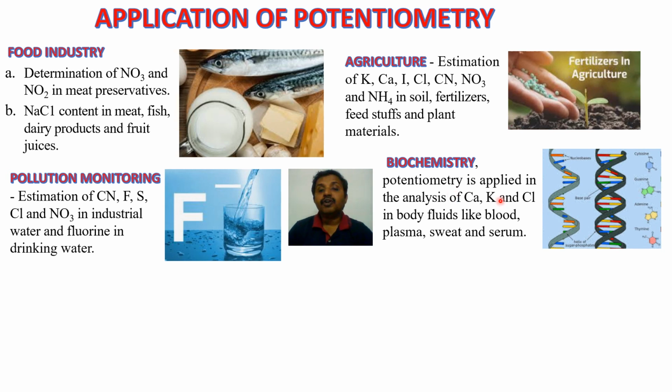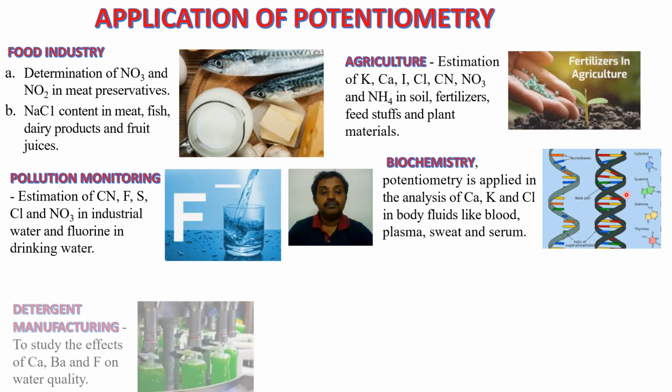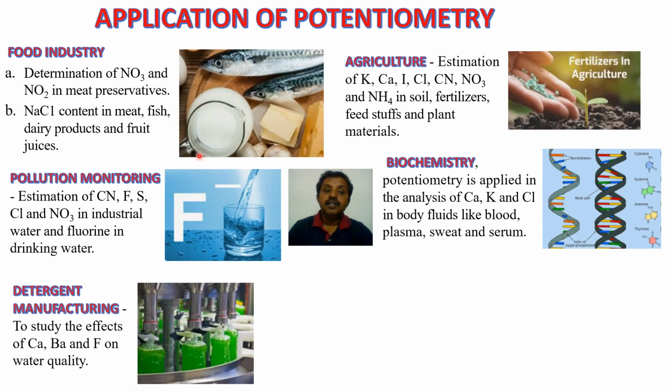In biochemistry also the potentiometry method is widely used, in order to analyze calcium, potassium, and chloride in body fluids like blood, plasma, sweat, and serum. One application is in detergent manufacture, to study the effects of calcium, barium, and fluorine on water quality.